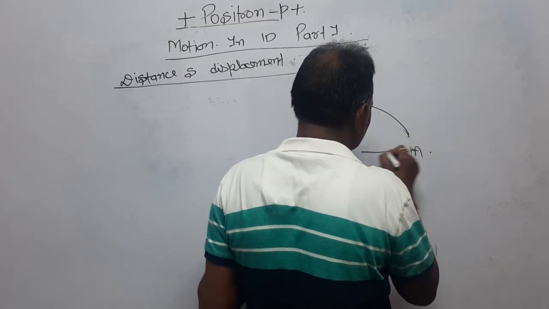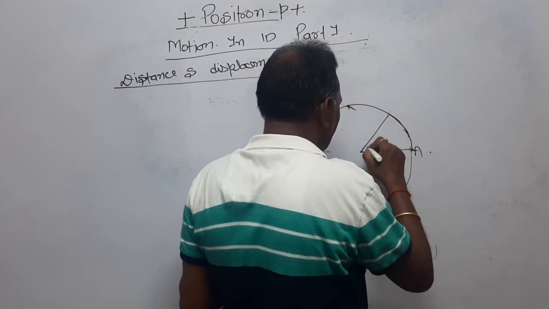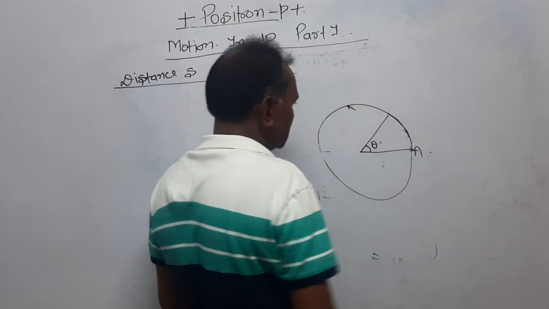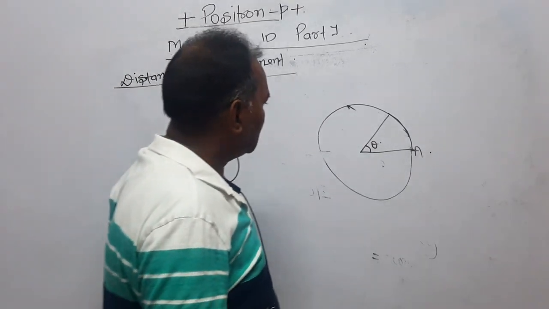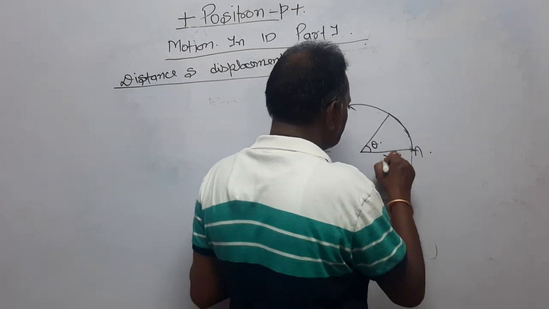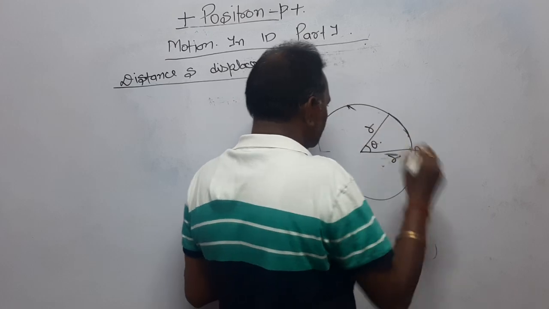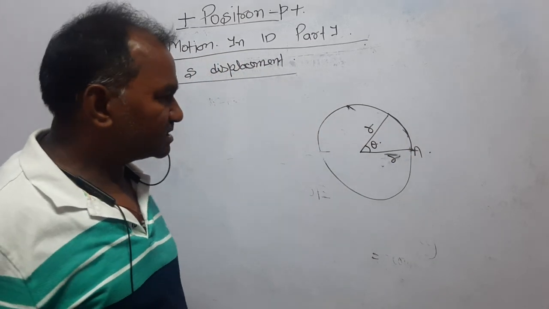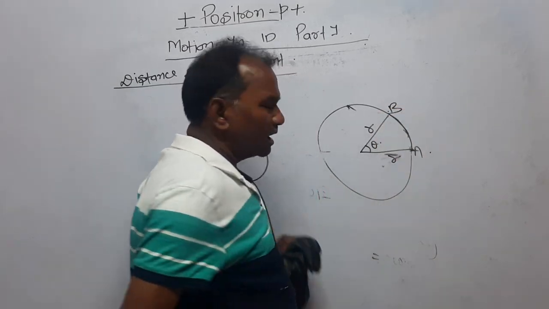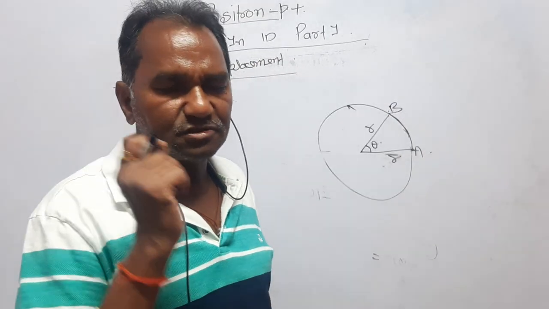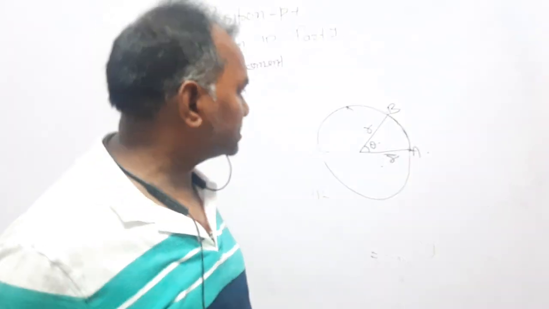If the observer makes an angle theta at the center, now in this case, what will be the distance and displacement? Distance means the body has traveled from A to B, and in the meantime it is making an angle theta at the center.